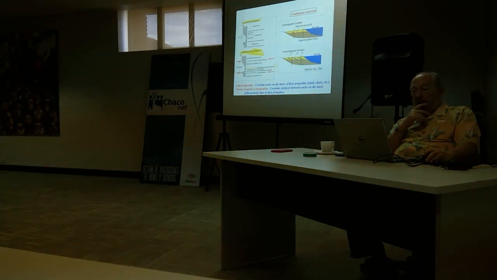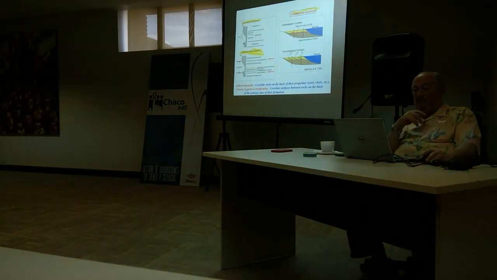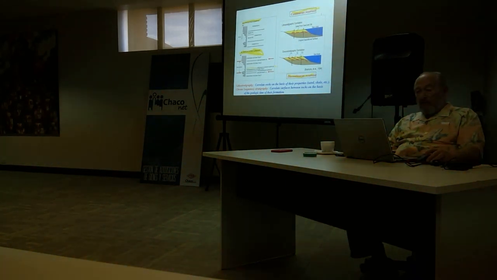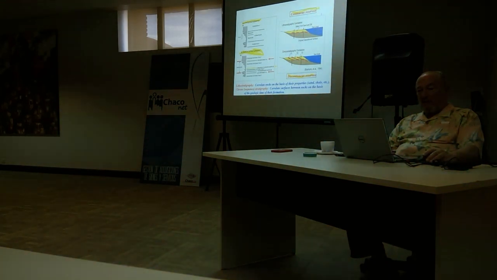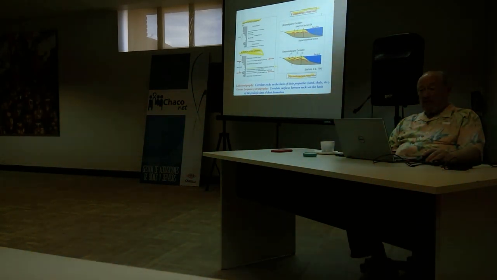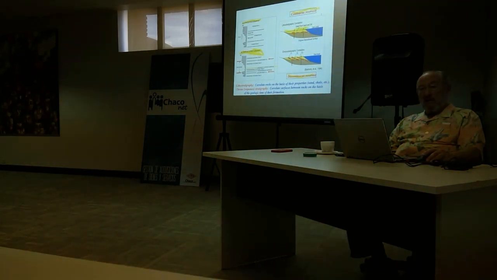So here we ended up with a continuous reservoir. Here, a discontinuous reservoir. And one way you can tell the difference is using your biostratigraphy. You look for fossils down here in the shales just below the sand. And if you get some fossils down there that are the same at both wells, then probably this correlation is correct.